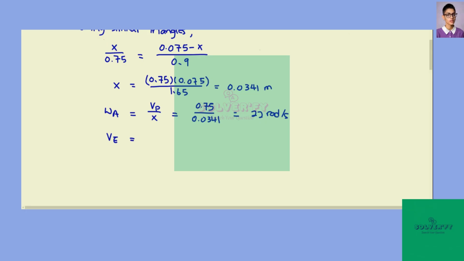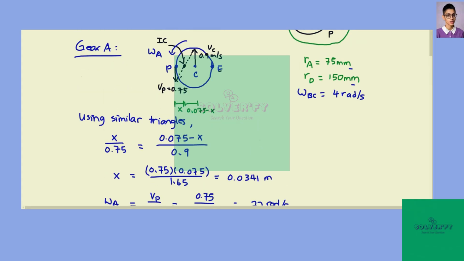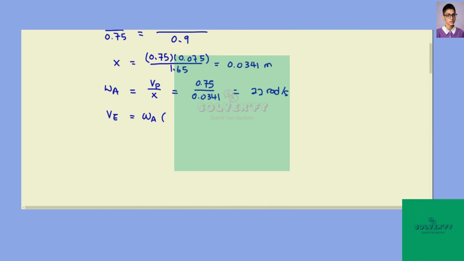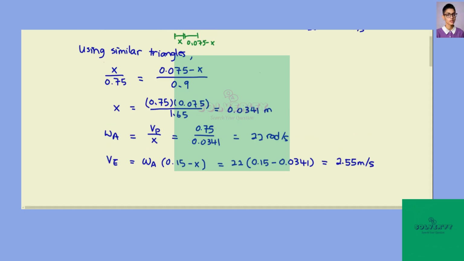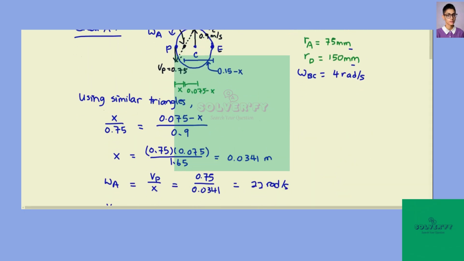VE will be omega A times this distance, which is 0.15 minus x. You have 22 times 0.15 minus 0.0341, and you get 2.55 meters per second. So we found everything we have for gear A.